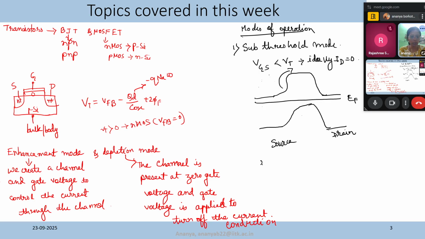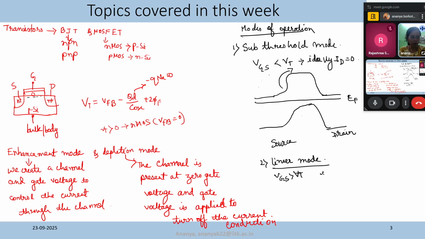Next is the linear mode of operation. When VGS is greater than Vt, there will be channel formation. An inversion layer will be formed, that is our channel.